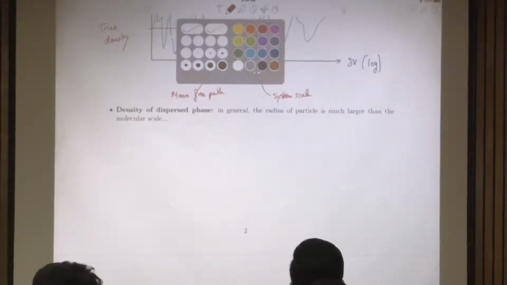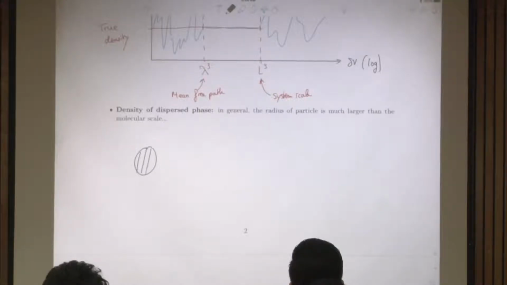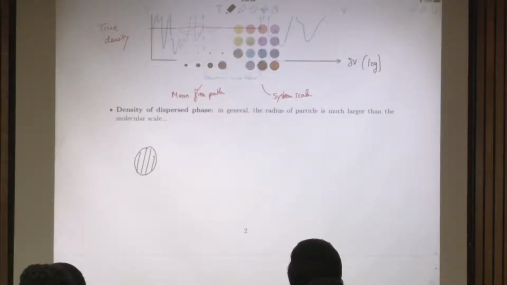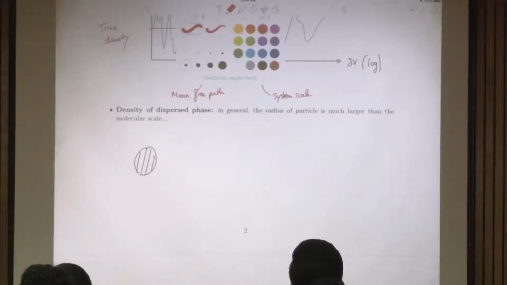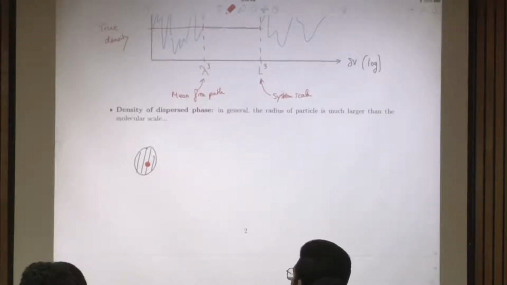One thing that's obvious here that I might as well mention, we're not talking about the density of the particle phase. This is not an issue. The particle phase is going to be either liquid or solid or gas. It doesn't really matter, but typically the particle itself is going to be much larger than the intermolecular length scale of the material that forms this particle. So we're not concerned with how to calculate the density, in the sense of mass over volume, of the material that makes up the particle.